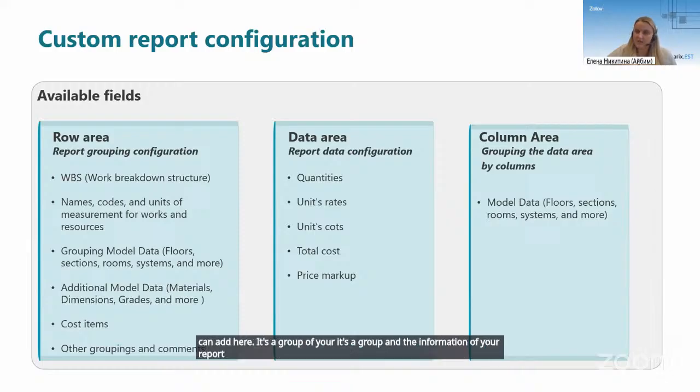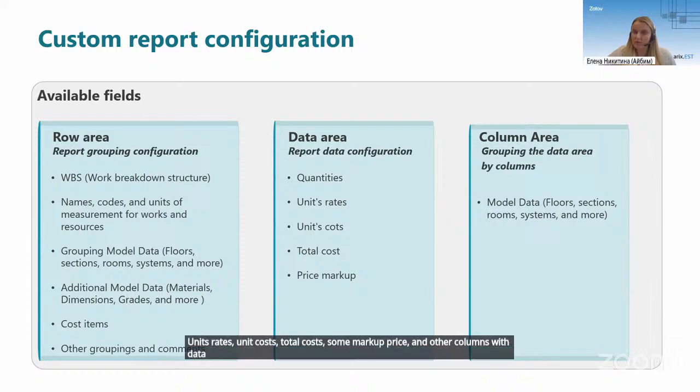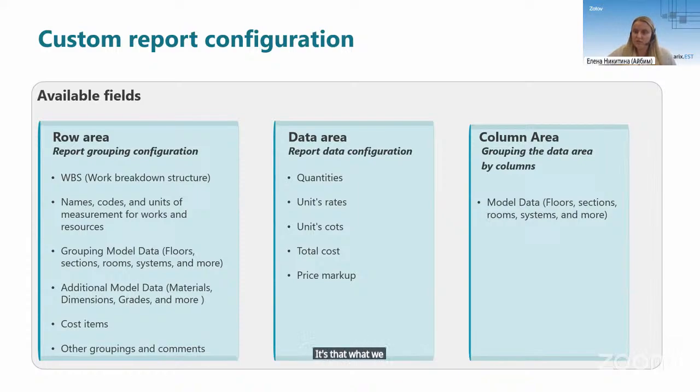And we have the data area. In this area we can use quantities, unit rates, unit costs, total costs, some markup price, and other columns with data. So here we use only data. It's what we want to see in the structures which we configure in the row area.